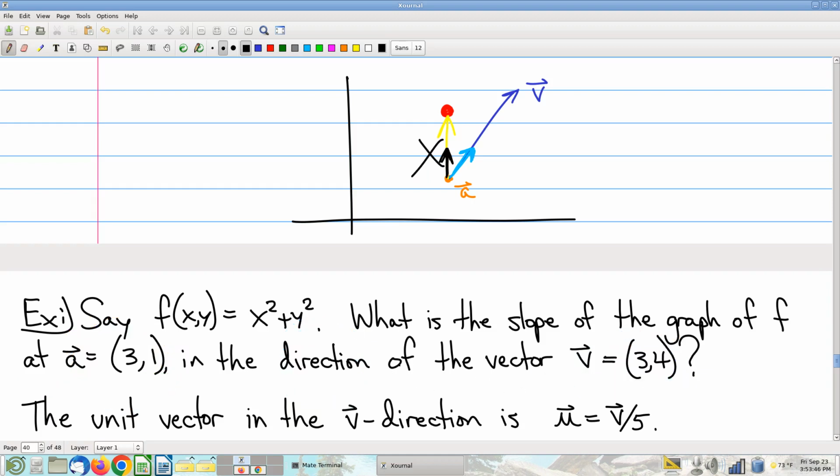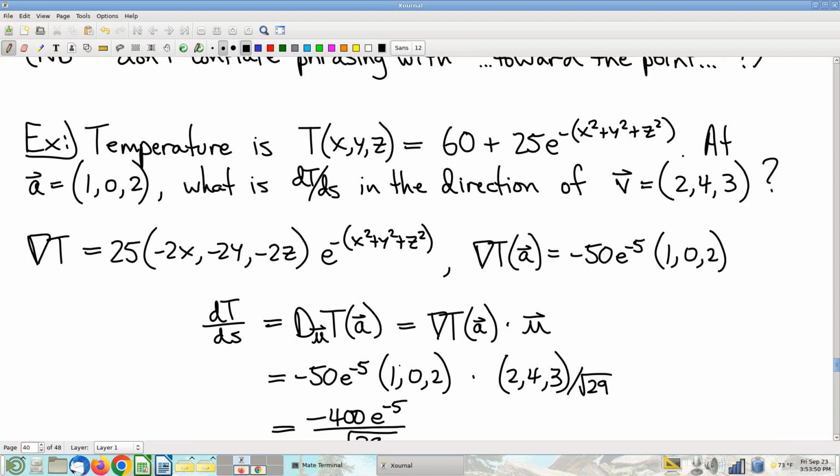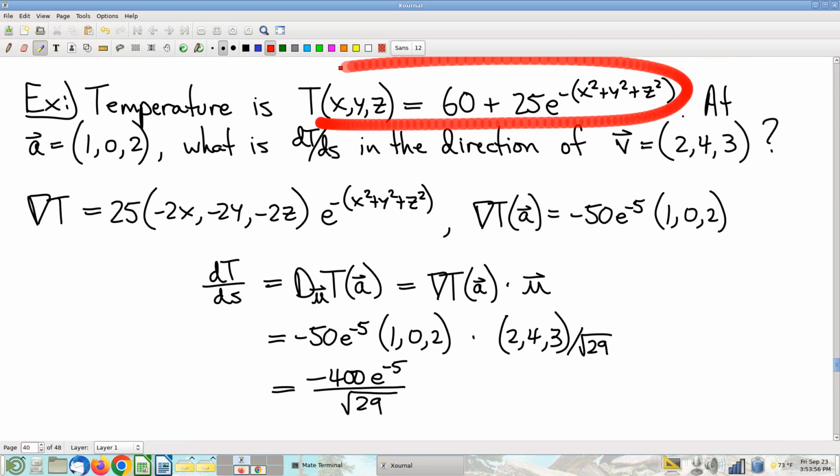Yeah, okay, good deal. Here's another example. We've got a temperature function here. This is temperature as a function of position. So maybe there's a hot spot somewhere. Think of it as a campfire or something. For example, if you plug in x, y, z, all equaling 0, you get 85, right?